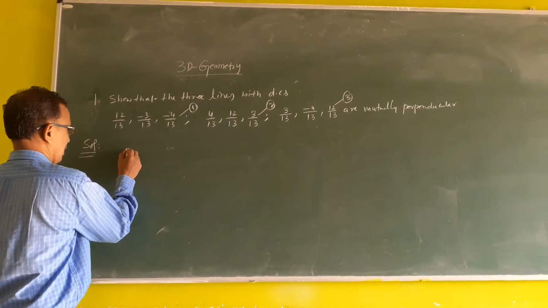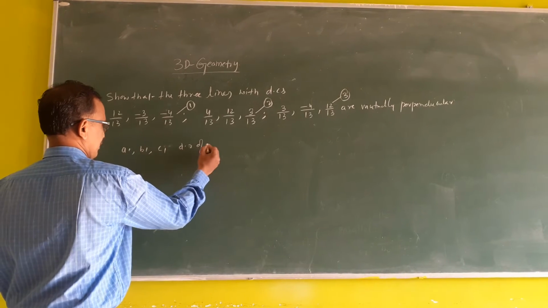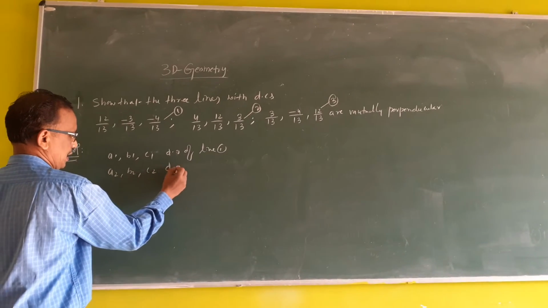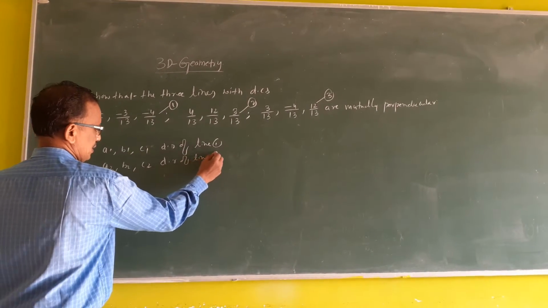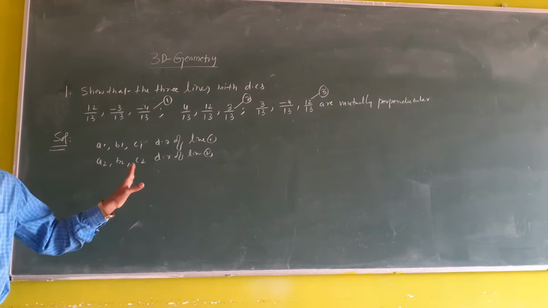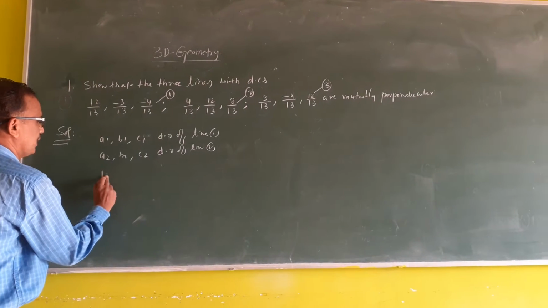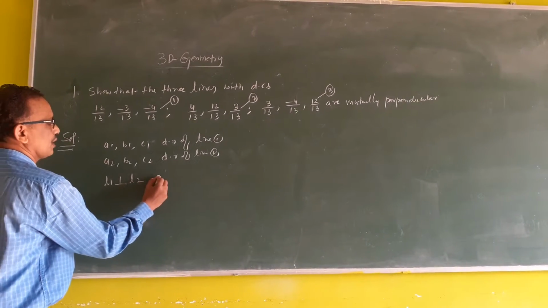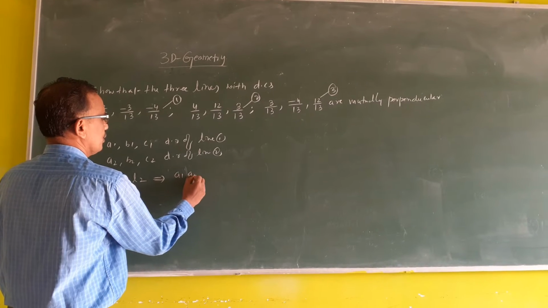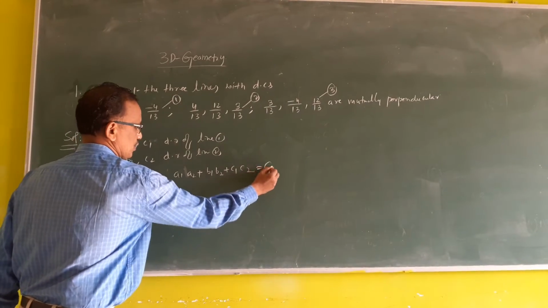If a1, b1, c1 are direction ratios of line 1, and a2, b2, c2 are direction ratios of line 2, then if L1 is perpendicular to L2, we have the condition a1 a2 plus b1 b2 plus c1 c2 is equal to 0.